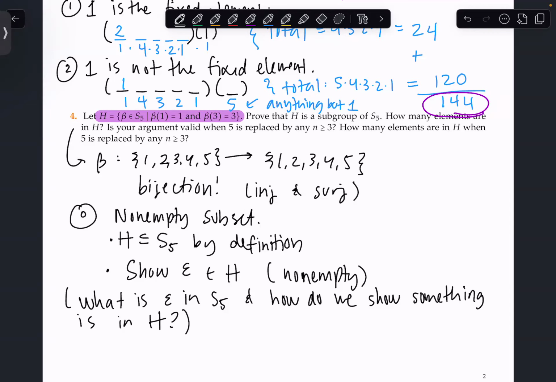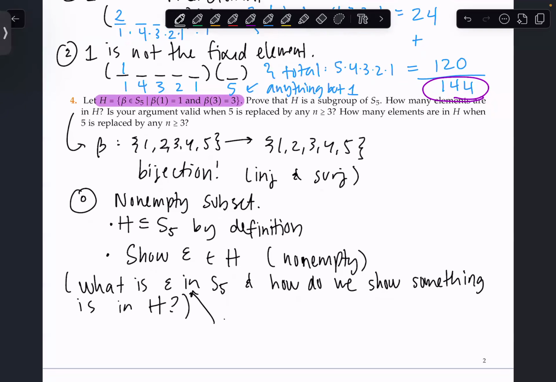That's the same exact thing as every element getting sent to itself, or where X gets mapped to X, right? A regular identity in terms of functions. So everything fixed, which is the same as thinking if I plug in X, I should get back X for everything inside of my domain.